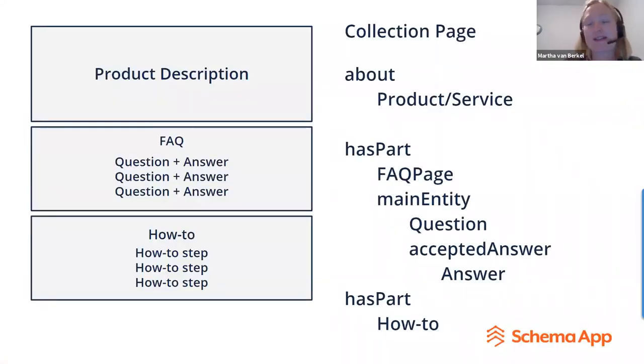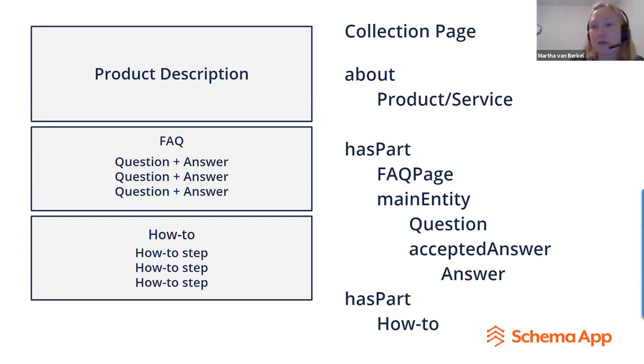And so here's an advanced example of how you can start using this. A collection page is where you can pull a bunch of things together. So we could say that this group of things is about a product or a service, or if we're getting really advanced here, we could say it's a product and a service. So it's a service page. It has part FAQ. Part of the page you can see on the left in the example is the FAQ, but it also has a how-to on it.